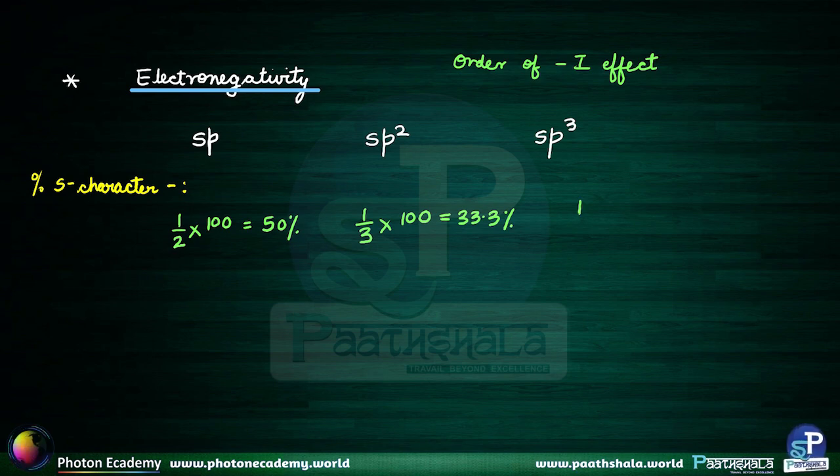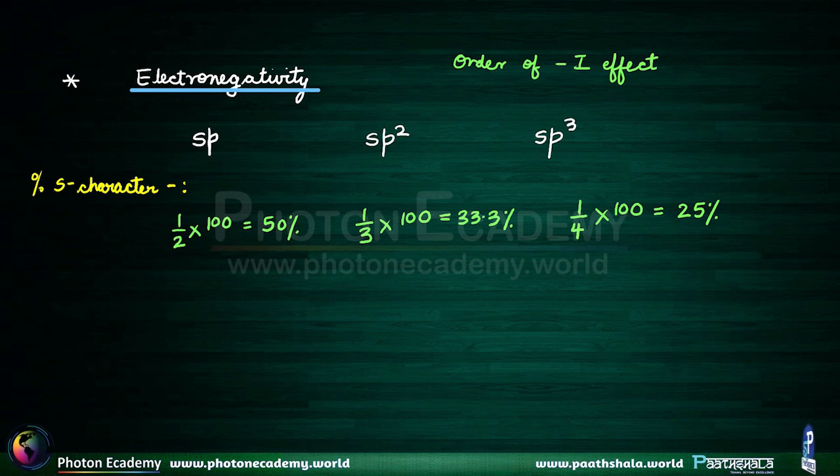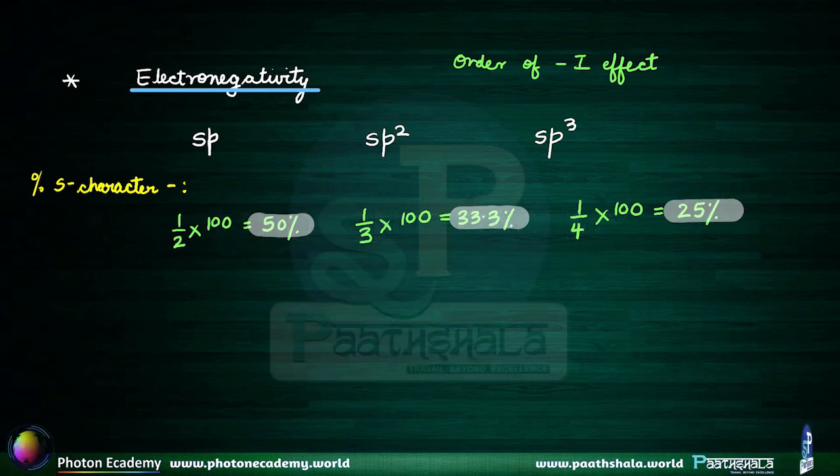Out of 4 atoms, I have 1 as of S character, and I've got 100%, and so I get a 25%. So you can see that we have got 50%, 33.3%, and 25%. These are the S characters of all of these respectively.